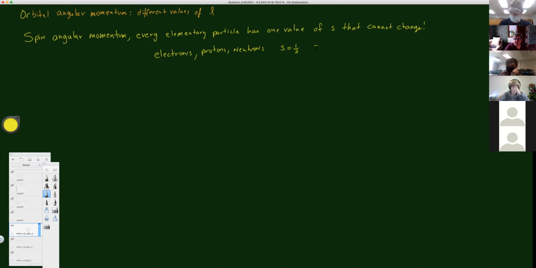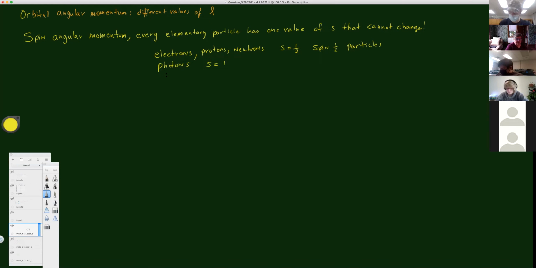We say they're spin 1/2 particles. In fact, we're really only going to deal with spin 1/2 particles in this class. But just to point out, photons have s equal 1.